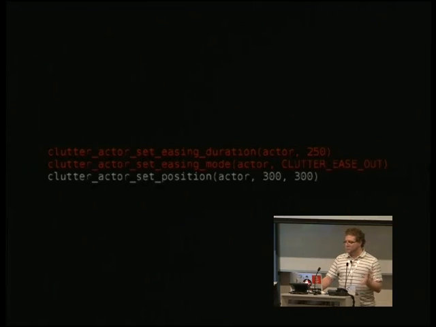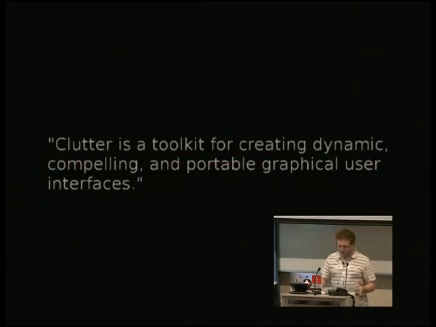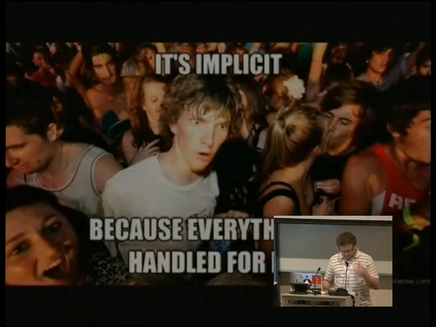They just move an actor. So Clutter implicitly transitions the actor properties like position, size, color, and transformations like rotation, scaling, and other things from their current value to the desired one without the intervention of the developer. So it's called implicit animations.